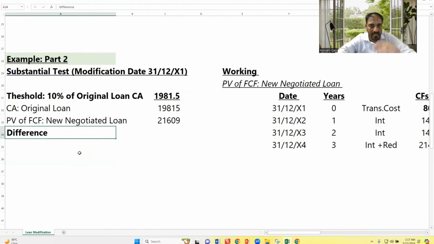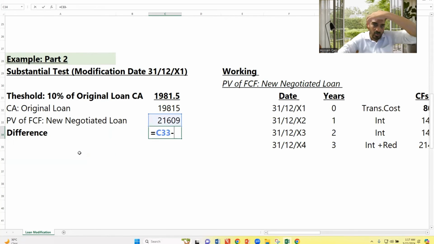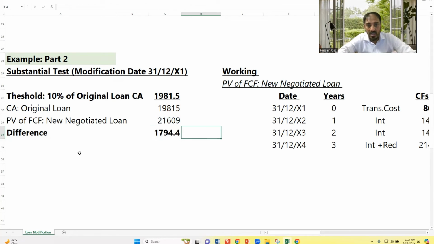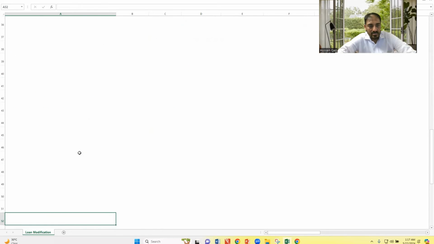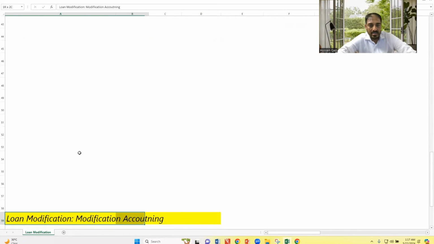The difference is 21,609 minus 19,815. That is 1,794, and this is less than the threshold of 1,981.5. So now it's very clear.